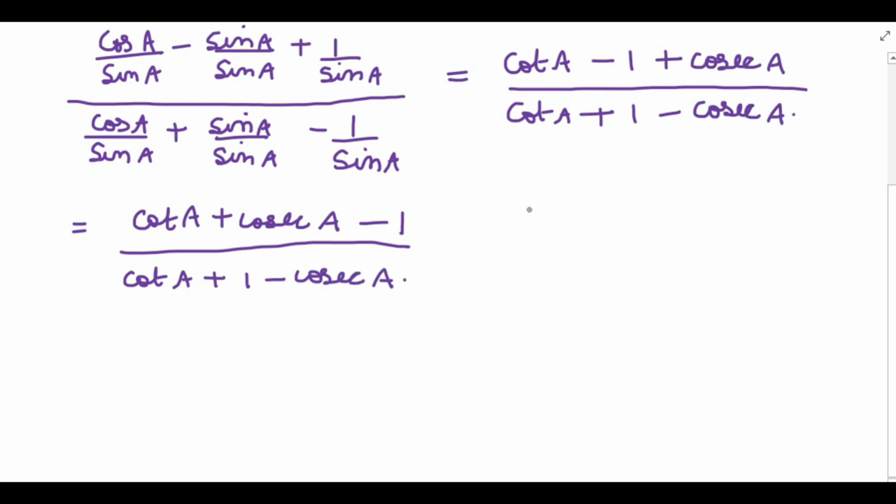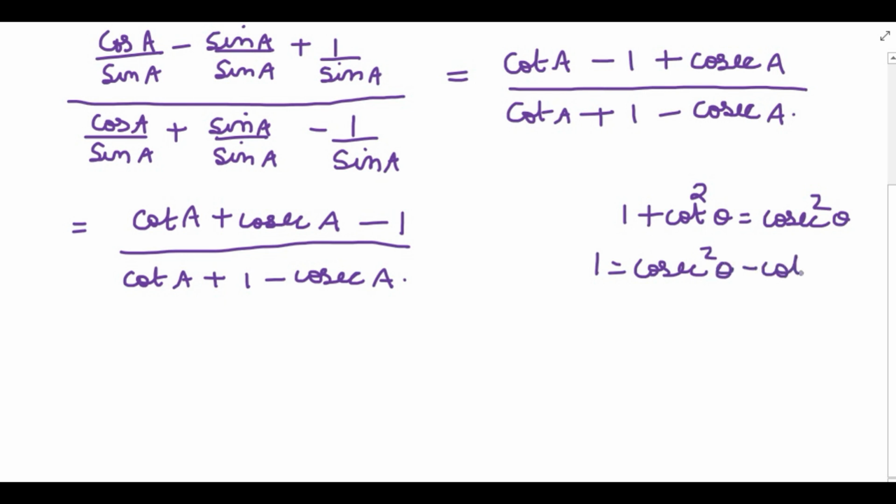And we know that sin square theta plus cos square theta is equal to 1. At the same time we know that 1 plus cot square theta equal to cosec square theta. So I am going to write this 1 as cosec square theta minus cot square theta, because here cot theta is there, cosec theta is there.